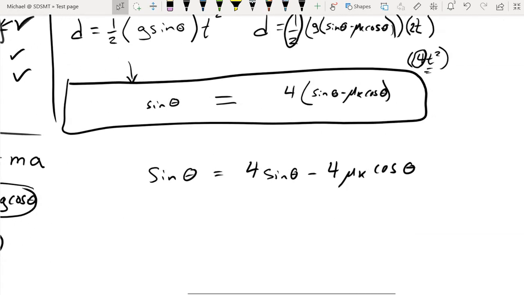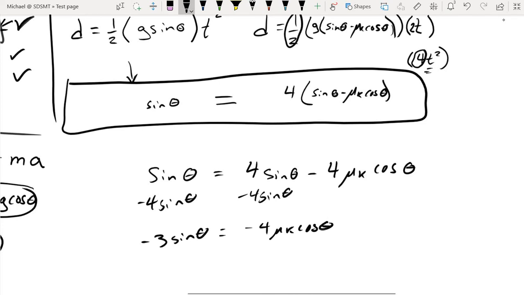So here we go. I'll subtract a 4 sine theta from each side. That's a -3 equals -4 mu k cosine theta. The negatives on each side will drop out.